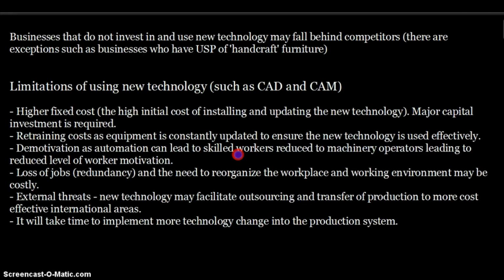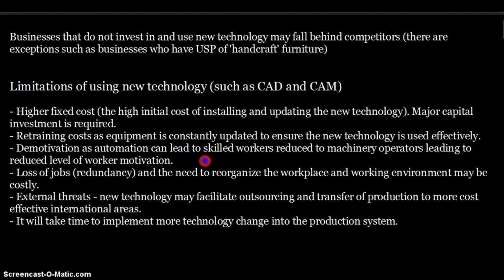Demotivation will also occur, as automation can lead to skilled workers being reduced to machinery operators, leading to reduced levels of worker motivation. So basically, the skills of workers are not much needed. They are just told to operate and regulate machinery, perhaps. So there might be some demotivation.